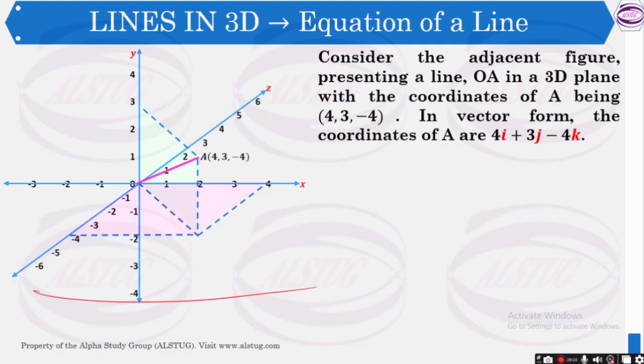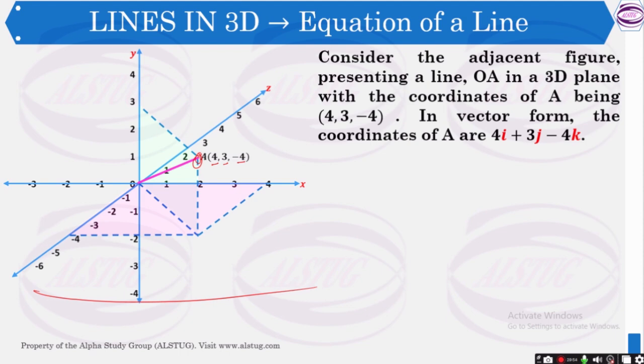So the point A that we are reading here can no longer be read as we traditionally read. We have to find the x value of this point, the y value, and the z value. That's what gave us 4, 3, negative 4. You follow this perpendicularly: it goes down to negative 4 on the z, and this is 4 on the x.